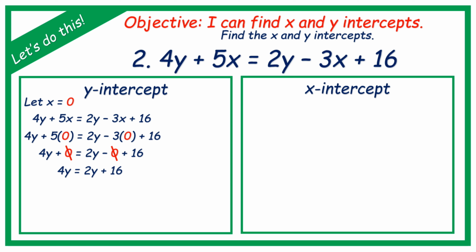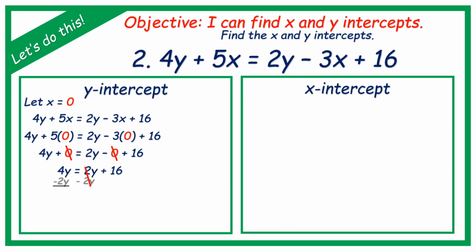Then the next step is we subtract 2y, or we add negative 2y to both sides. Why? We do that so that we can cancel 2y.